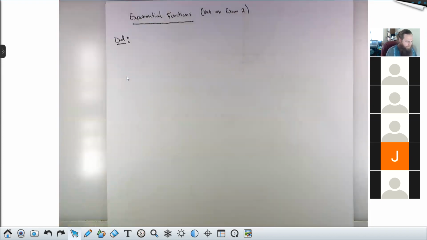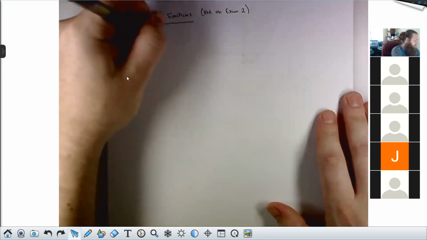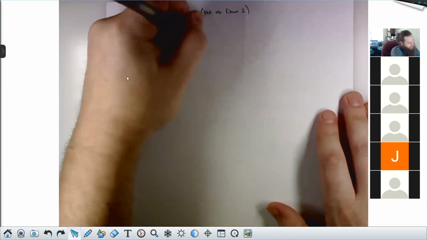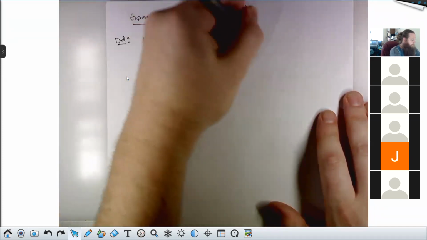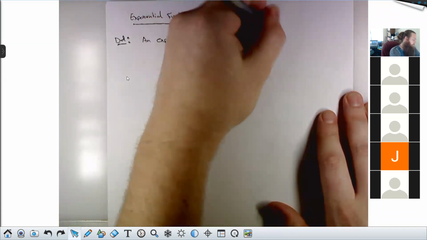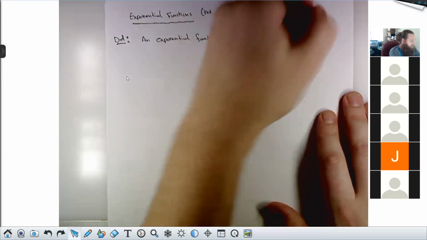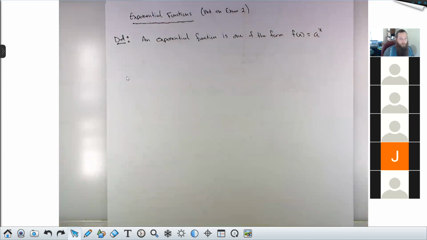Now, your book says that an exponential function is one of the form f of x equals a to the x. I think they're missing out on a bunch of notation options here. Why not use b? Because we call this symbol here the base.